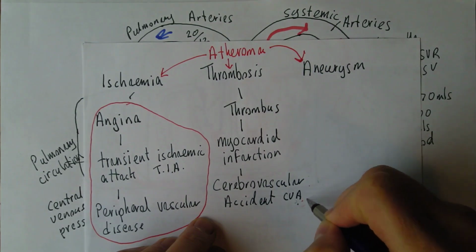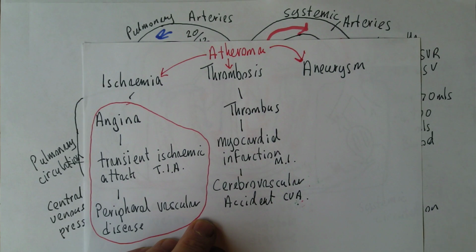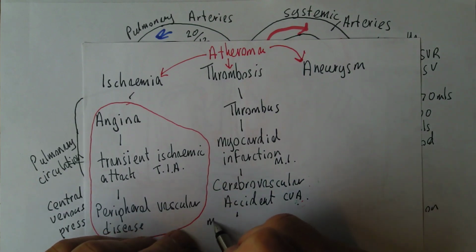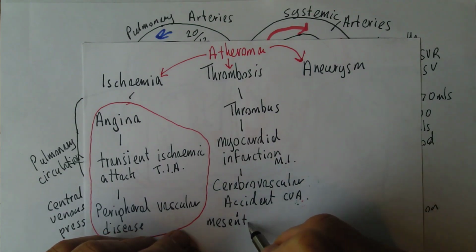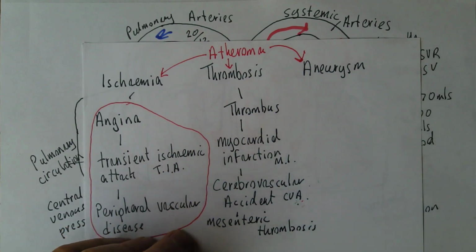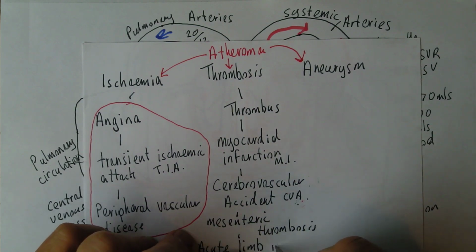CVA or stroke. MI, of course, is myocardial infarction. Or it could occur in the mesenteric vessels affecting the gut, resulting in an area of the gastrointestinal tract which loses its blood supply. Or it could affect the limb, acute limb ischemia, or actually infarction.